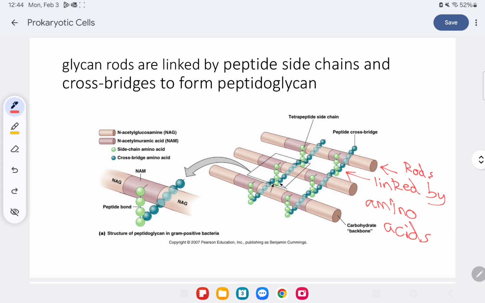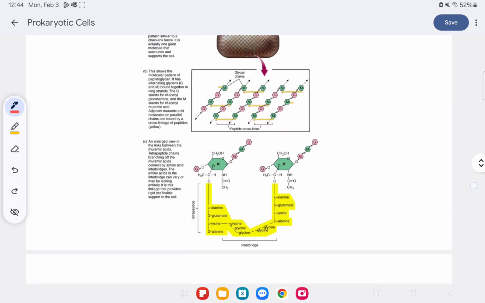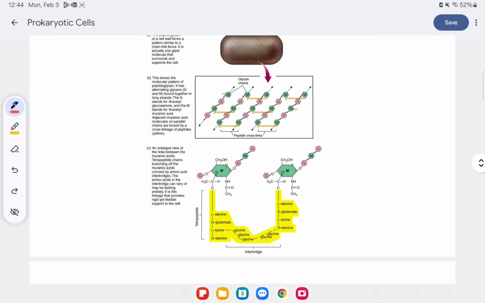Amino acids, remember, are linked by a peptide bond, which is very strong and has partial double bond character. Now, the thing with bacteria is that among the amino acids they use, they always use some D amino acids.